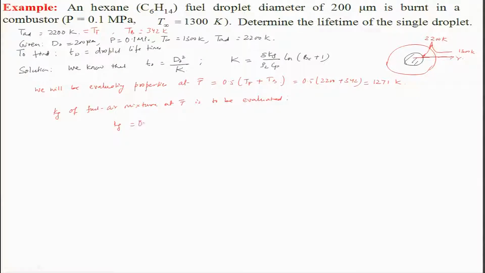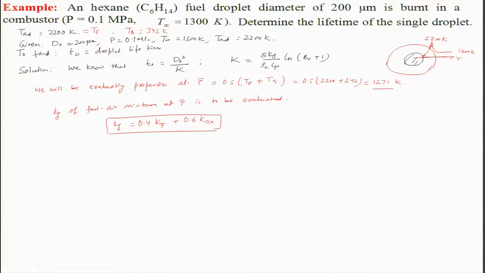Kg is equal to 0.4 Kf plus 0.6 K oxidizer. Keep in mind that this relationship is not very sacrosanct. You can use something different, such as 0.3 and 0.7, but a lot of people have used this approximation, so we are using it. Each of Kf and Kox will be evaluated at 1271 Kelvin.